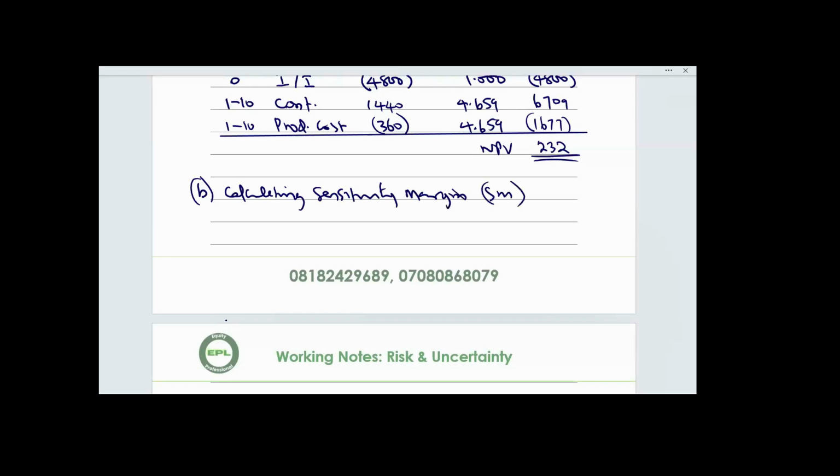SM. So we have about 7 variables. The first variable, number 1, I want to calculate the sensitivity margin of initial investment, which is NPV divided by the present value of initial investment multiplied by 100 over 1.